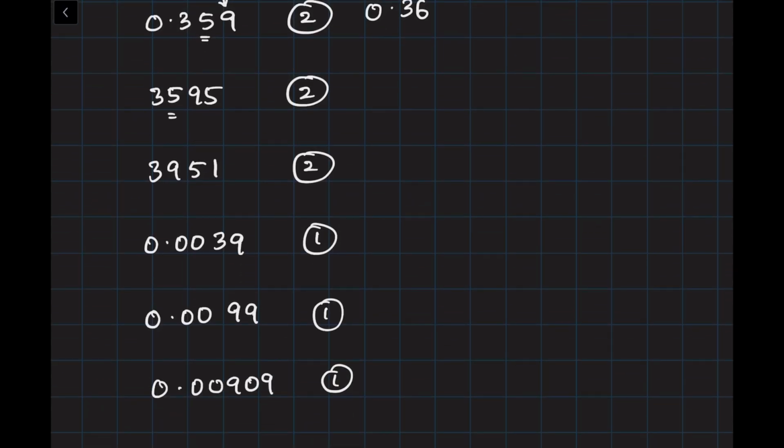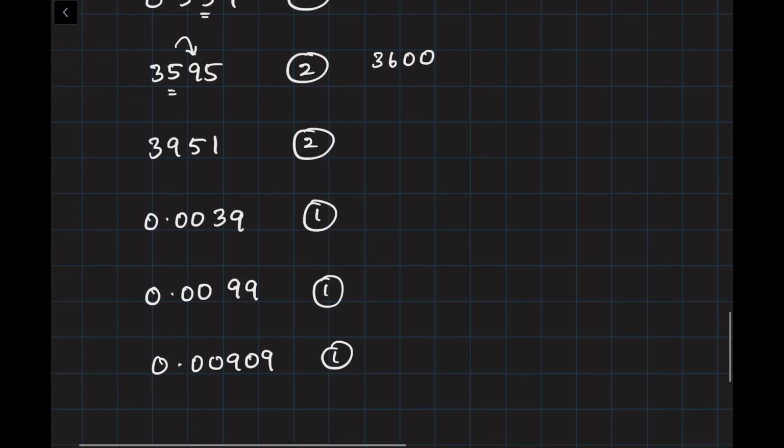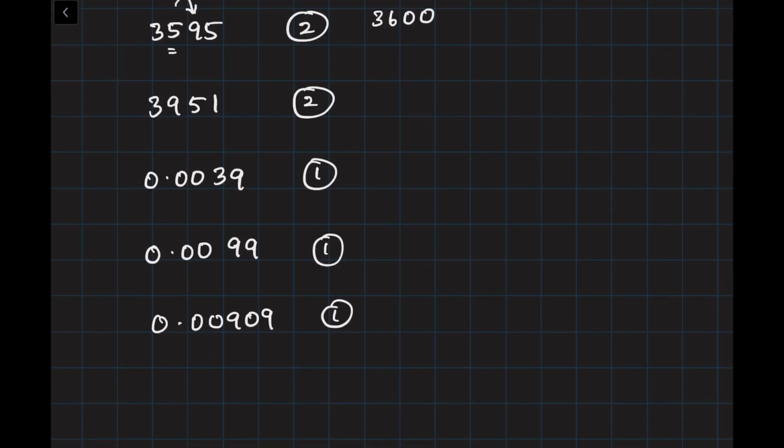Here I have to round off to two significant figures. 3595 is a whole number. The next number is greater than 5, so the answer will be 3600. Understood? In the number 3951, you have to be careful. Here I have to round off to two significant figures, means I should do the rounding over here. The next number is 5, followed by some other numbers, so definitely I have to add 1.